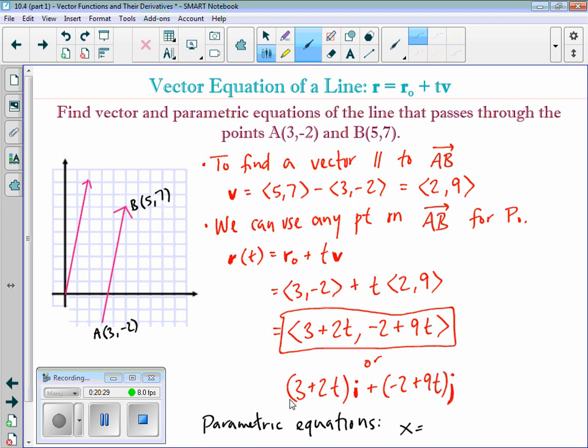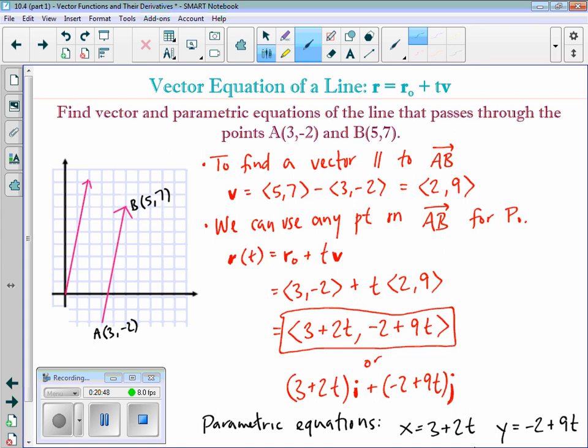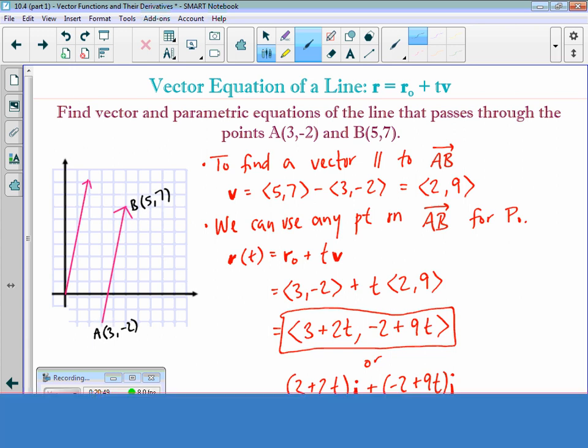Now we're finding the parametric equation by just having x be the first piece. So this is actually an easy part once you have the first part done. Yep, you could do 9t minus 2. Yep.